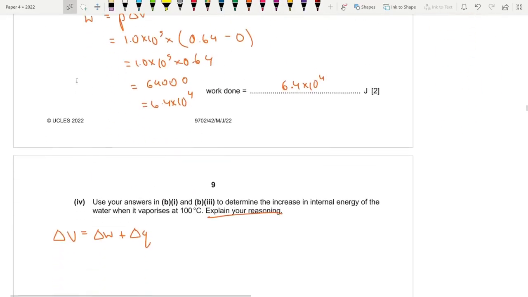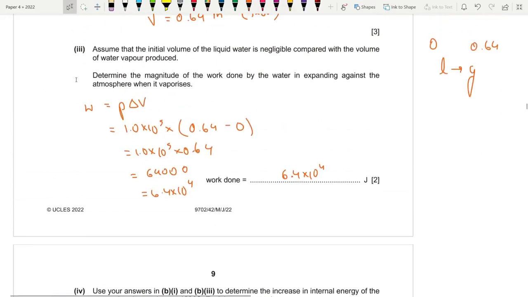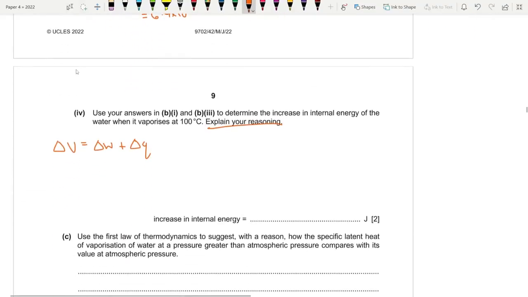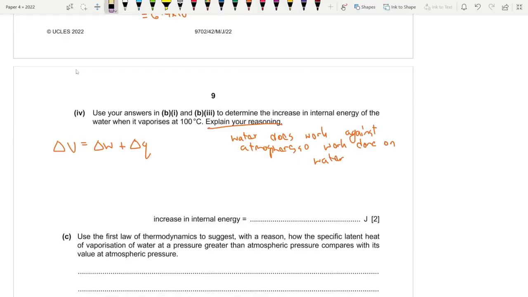And what about W? Since it expanded against the atmosphere, we are working against the atmosphere, so work done is actually negative, right? So the reasoning is water does work against the atmosphere. Okay, so work done on water is in fact negative, right? And Q is positive because thermal energy is supplied to the system.